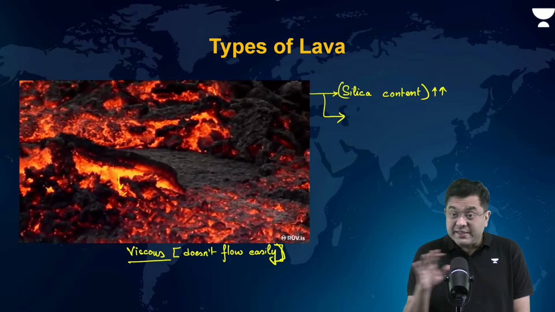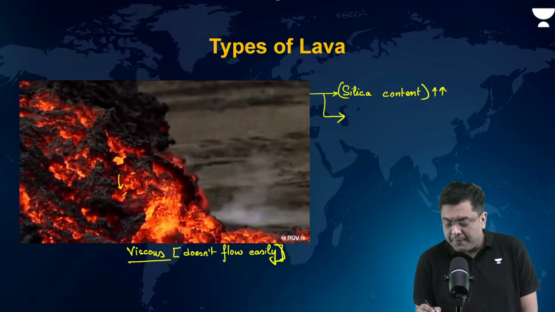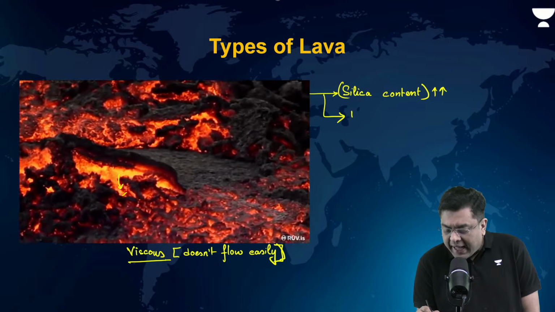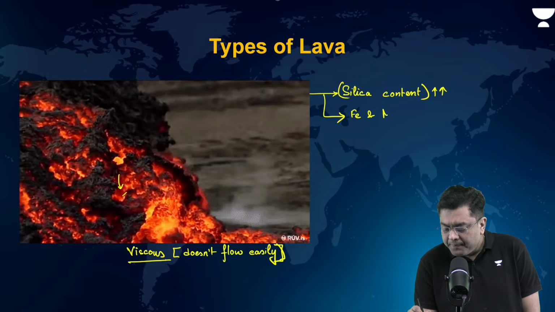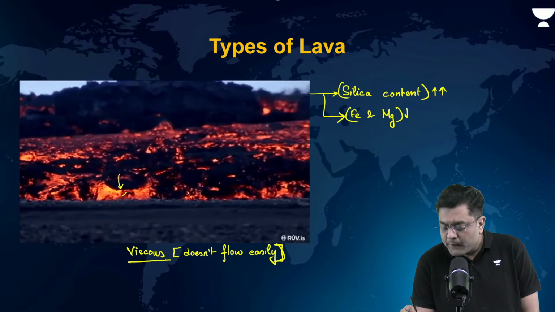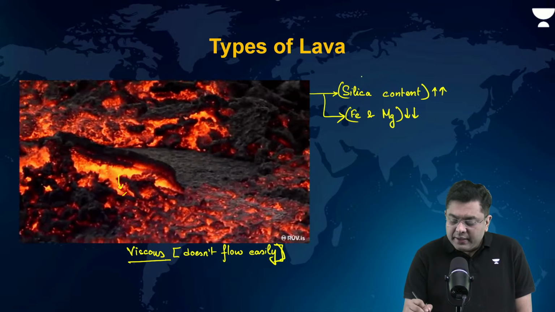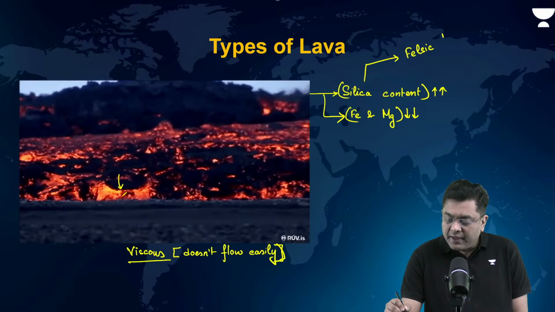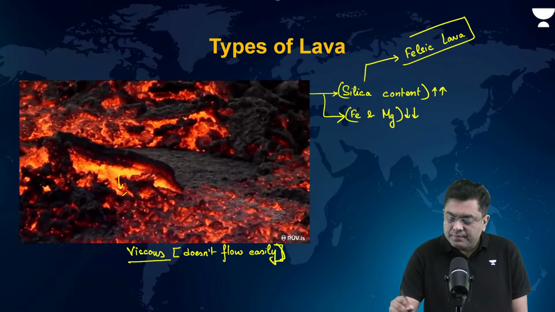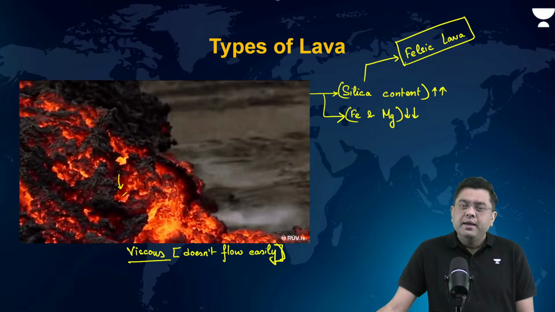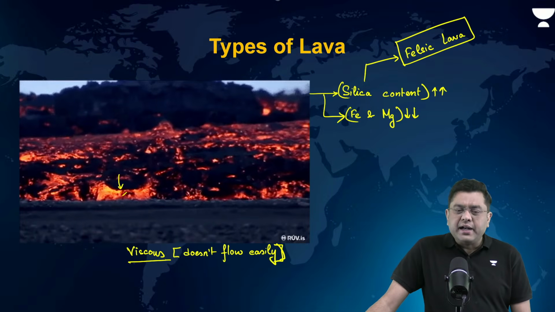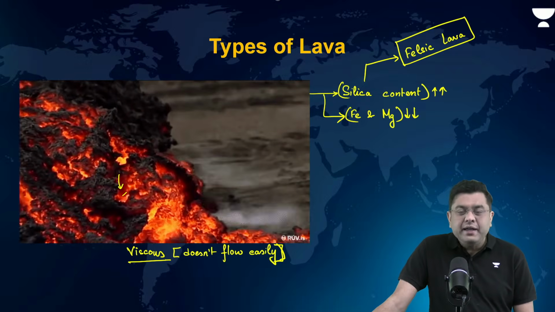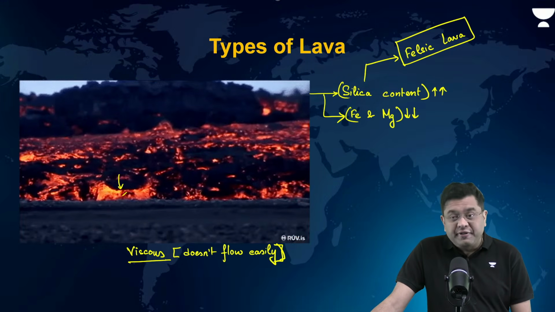You cannot have a sweeping statement made out of that. Okay. Silica content will be high. Iron and magnesium content will be low. That is why this will be referred to as felsic lava. Okay. The rock kinds which are getting created are feldspar, silica, etc. So that is why it is also known as felsic.